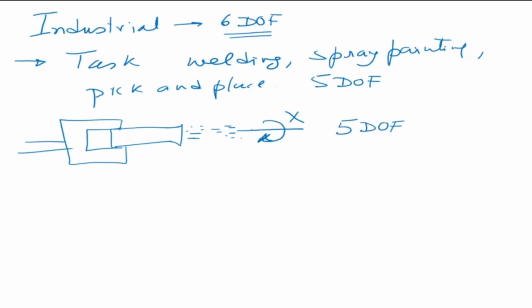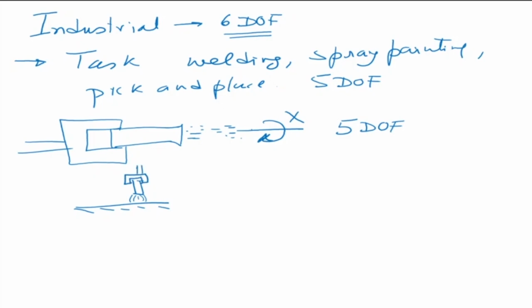Similarly, if you think of welding, the way welding is done, this is a surface on which we are welding, and this is my welding electrode, and this is the welding arc, and the robot is holding the welding gun. So this is my robot which is holding the welding gun.